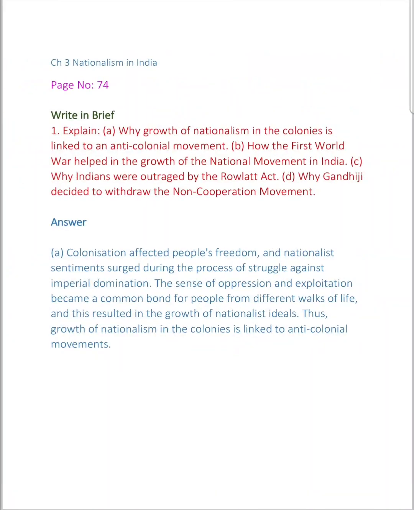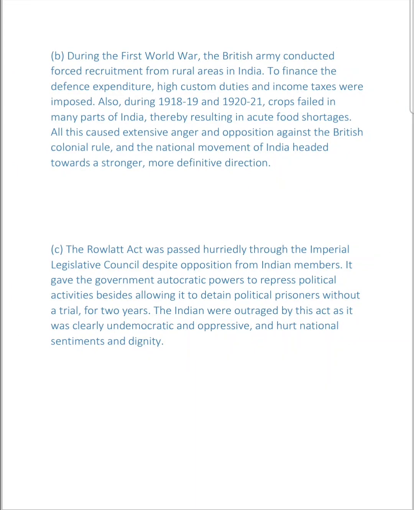Part C: why Indians were outraged by the Rowlatt Act. The Rowlatt Act was passed hurriedly through the Imperial Legislative Council despite opposition from Indian members.